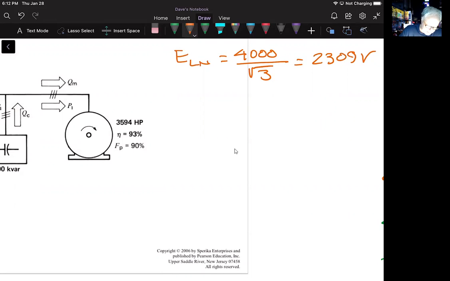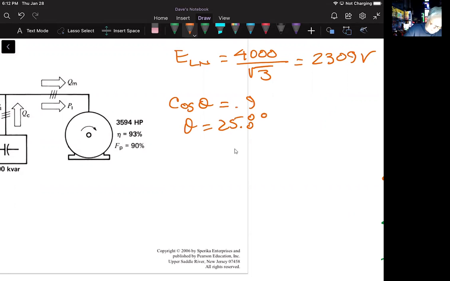The phase angle between the motor current and the line to neutral voltage: cosine of the angle equals the power factor, which is 0.9. Inverse cosine tells me that that angle is going to be 25.8 degrees. And so the motor current lags 25.8 degrees behind the voltage.